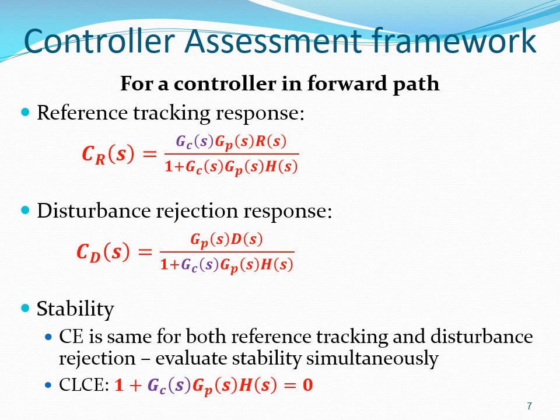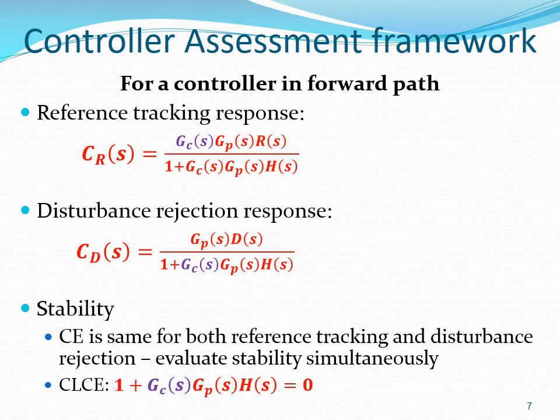For a controller placed in the forward path, the respective expressions for the reference tracking response and the disturbance rejection response are as shown. Once we get the actual expressions, we can determine the transient and steady-state performance parameters of the respective responses.